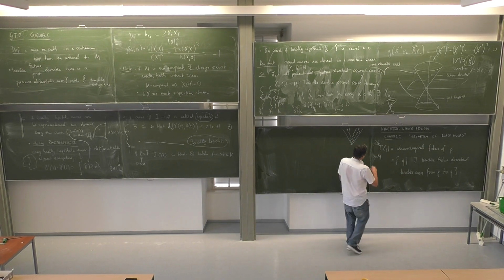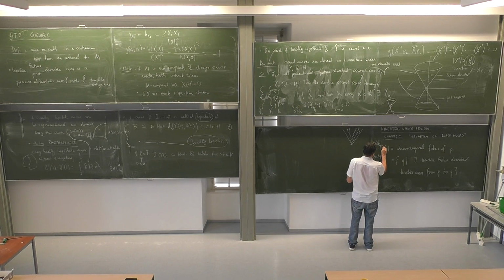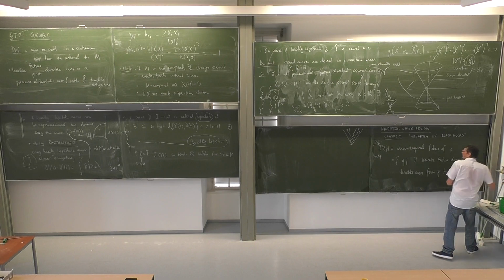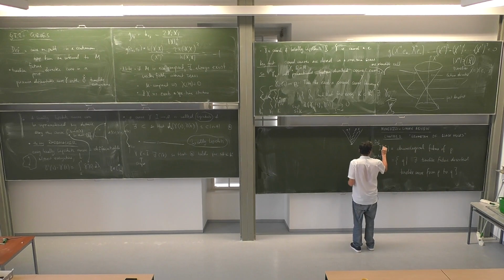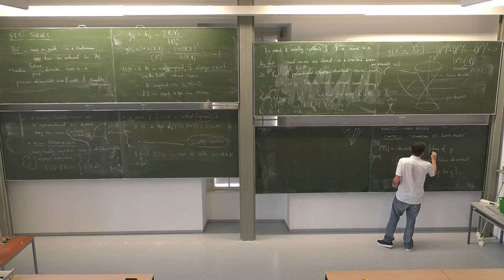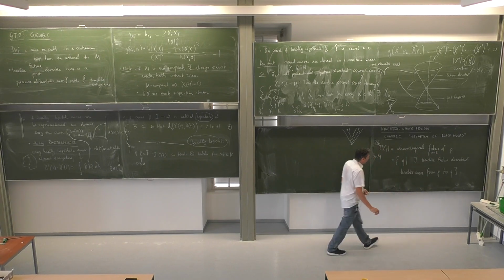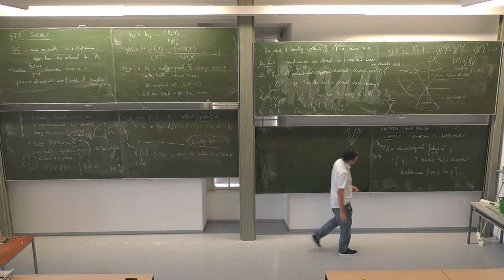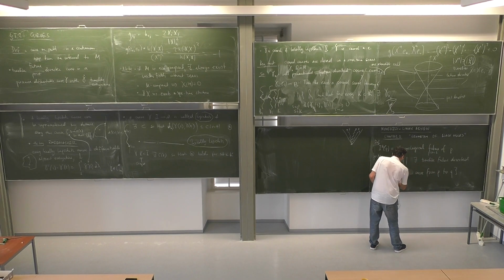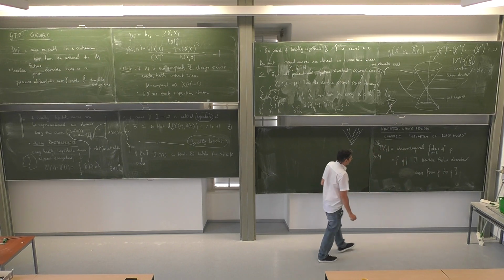You can define the chronological past similarly: this would be past, with time-like past-directed curves. Probably too much emphasis on time-like here.